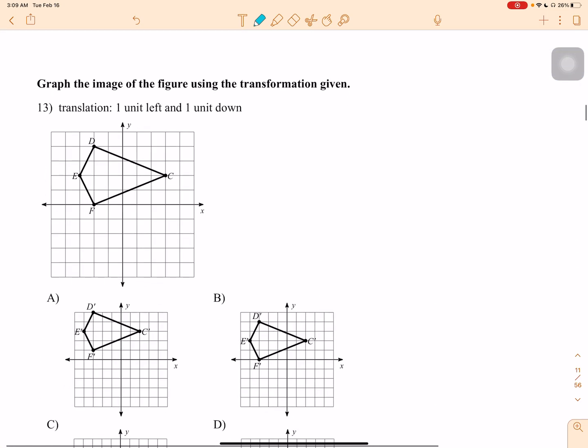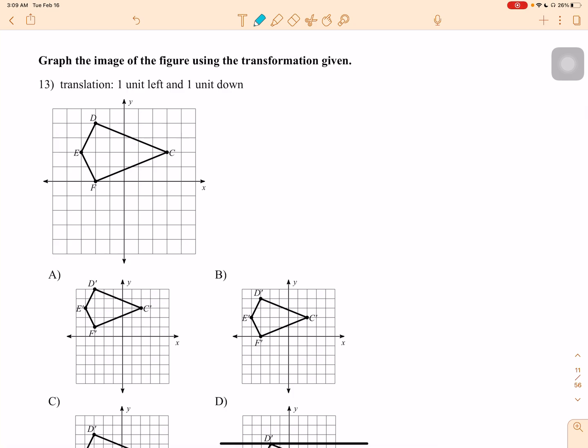So this one, you definitely want to draw on the graph before you select your answers, okay? You want to do what this says. This one says move 1 unit left and 1 unit down. So every single point, you're going to move 1 unit left, 1 unit down, and then label it. So this one would be D prime. For the E, I'm going to go 1 unit left, 1 unit down. This one is E prime.